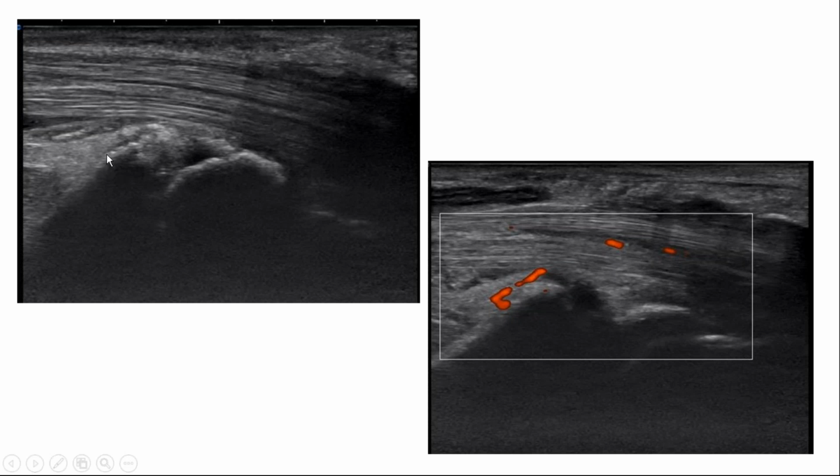It's good to know normal variations, because sometimes bones have normal contours that give a little bit of an appearance of irregularity, which is nothing. But here, if you check it in long and short axis, this looks irregular, and you cannot clear it up. A very good indicator is to put the color Doppler on. If it lights up, it's definitely synovitis that you're picking up there.